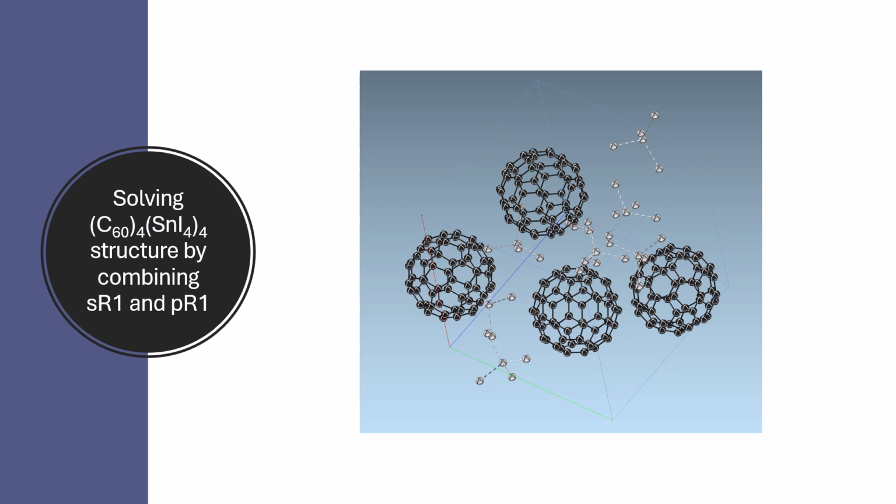In this model, there are tin atoms and iodine atoms, and these are located one by one by the aR1 method. And then there are 4 C60 molecules. They are located and oriented by the PR1 method.